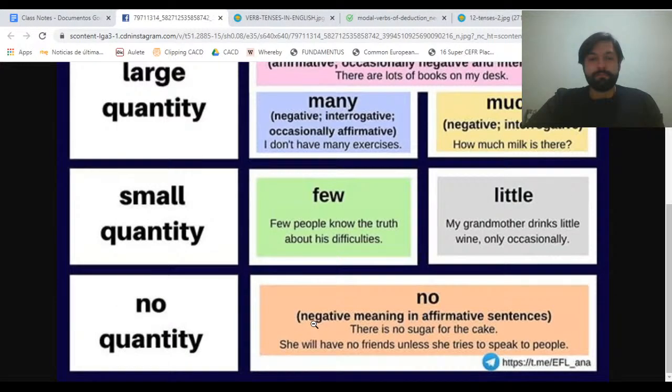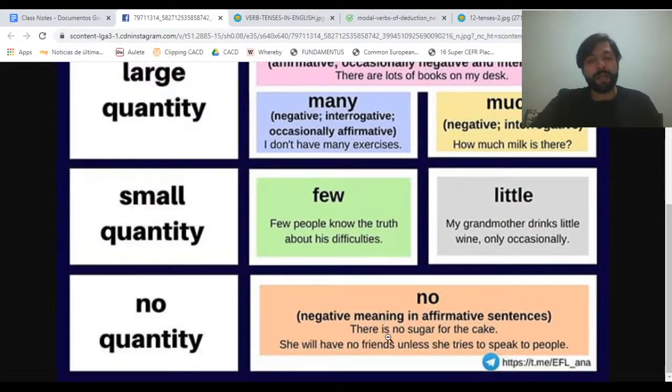And no, it's a quantifier as well, but basically no is going to be the negative in the sentence, okay? So you don't use don't and then no, right? You have to use just no for the entire context. So the material brings a negative meaning in an affirmative sentence, okay?